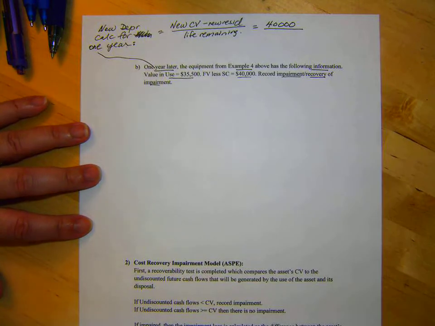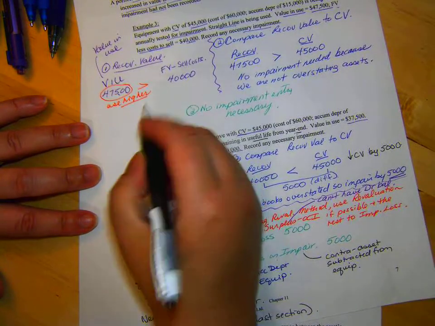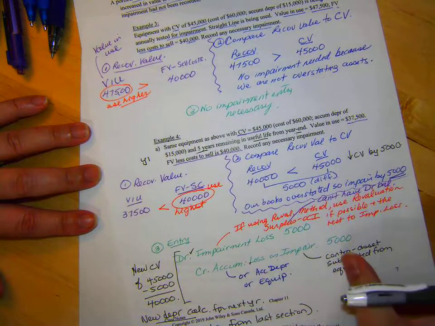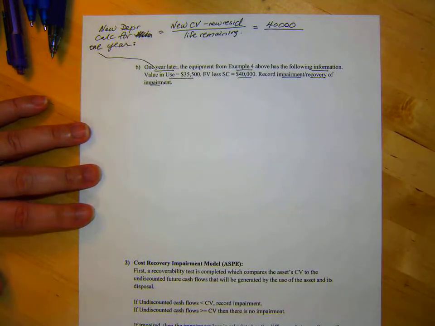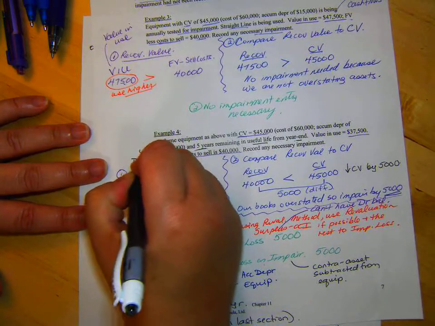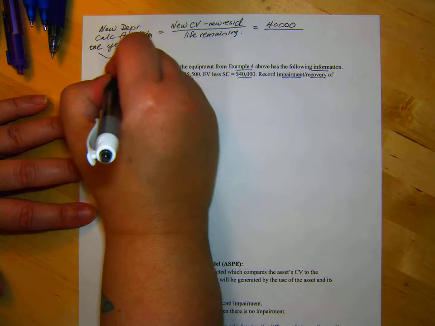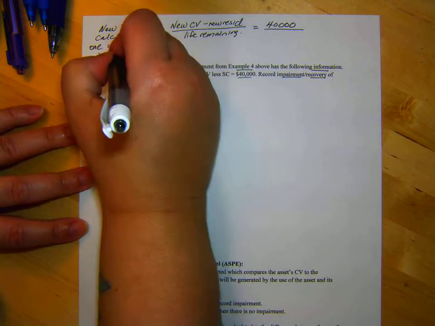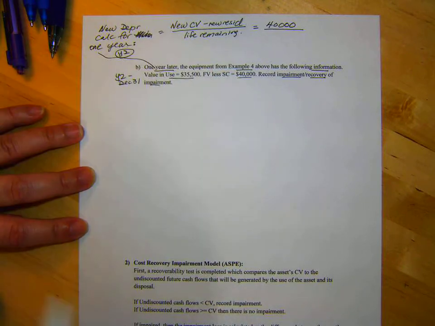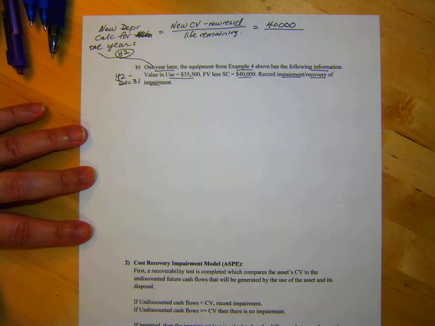Let's say this is year 1, and we're doing it December 31st. So now we're doing the same thing, but we need it for year 2. Does that make sense? Okay.